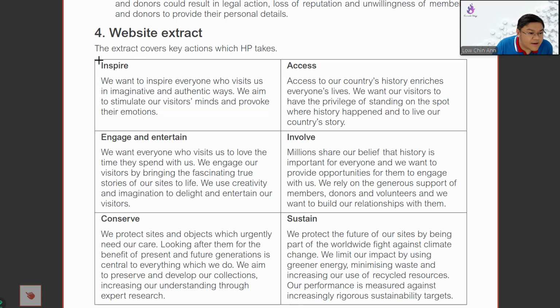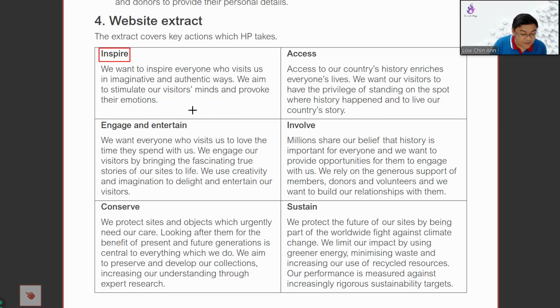So they say inspire. We want to inspire everyone to visit us in imaginative and authentic ways. We aim to stimulate visitors' minds and provoke emotion. So you suddenly think, wow, you could give that kind of 4D experience using computer holograms and wearable devices.